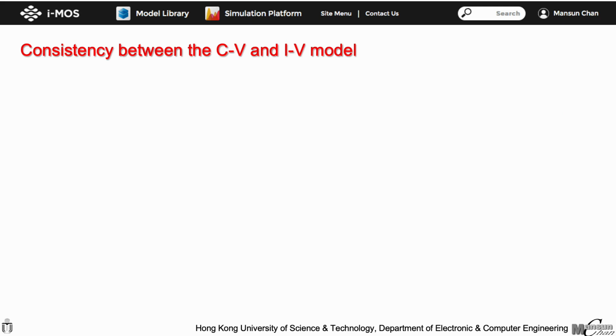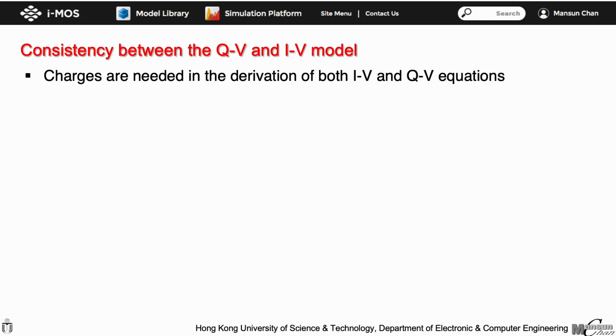Up to now, we have derived the QV equations and CV equations of a MOSFET independently from the IV equations. However, the charge equation is also needed when deriving the IV equations. When we derive the drain current of a MOSFET, we wrote the current at any location Y in the channel as equal to the charge density at that location times the velocity of the carriers at that location.